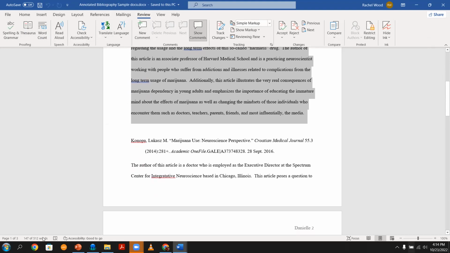The second one, again, is Marijuana Use and Neuroscience Perspective. You have the citation correct, and then you have the author of this article, who is a doctor employed as the executive director of the Spectrum Center for Integrative Neuroscience, based in Chicago, Illinois. So you have the place, you have the title, you have all of that information right there within your first couple of sentences, because again, you want to check the credentials of the individual whose articles you are reading.